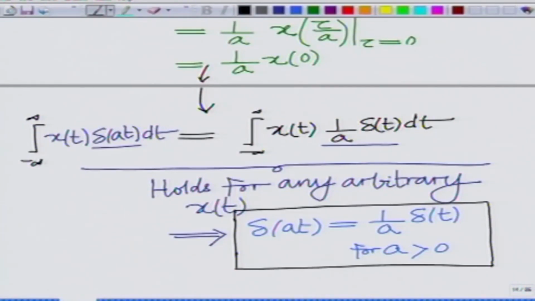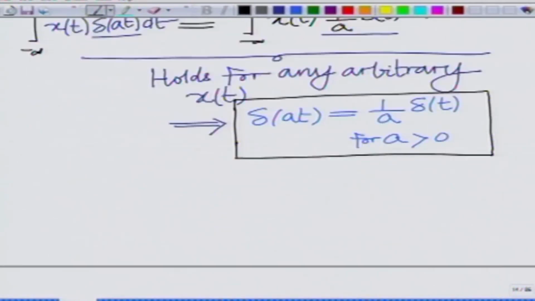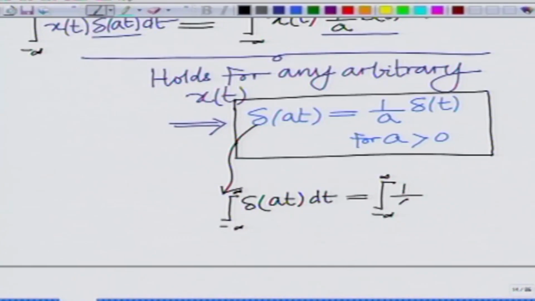Okay, so this holds for any a greater than 0, and therefore naturally this implies that the integral from minus infinity to infinity of delta a t dt is equal to 1 over a, for a greater than 0.